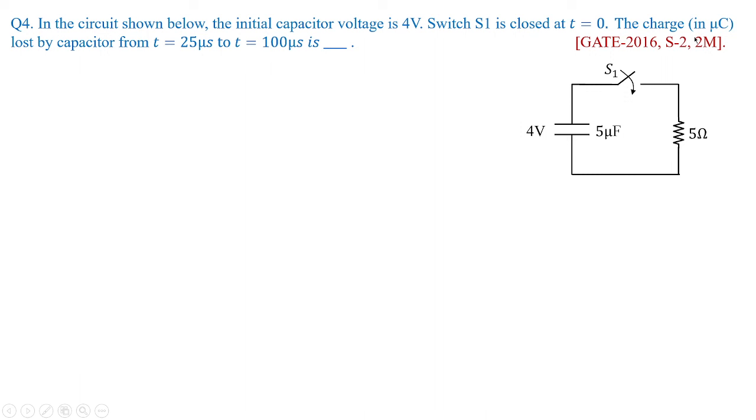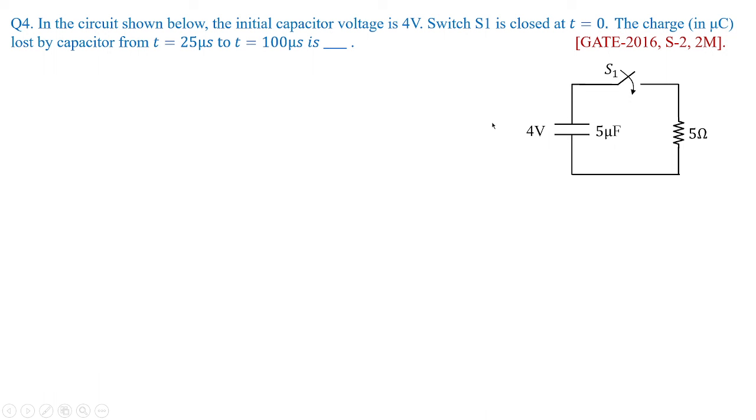The charge, that is Q, in microcoulombs lost by capacitor from time t equal to 25 microseconds to time t equal to 100 microseconds is dash. So you can see the same GATE question was again framed for 2019 on the same concept. Okay, so I can say that this is an in-depth knowledge of the previous third question.